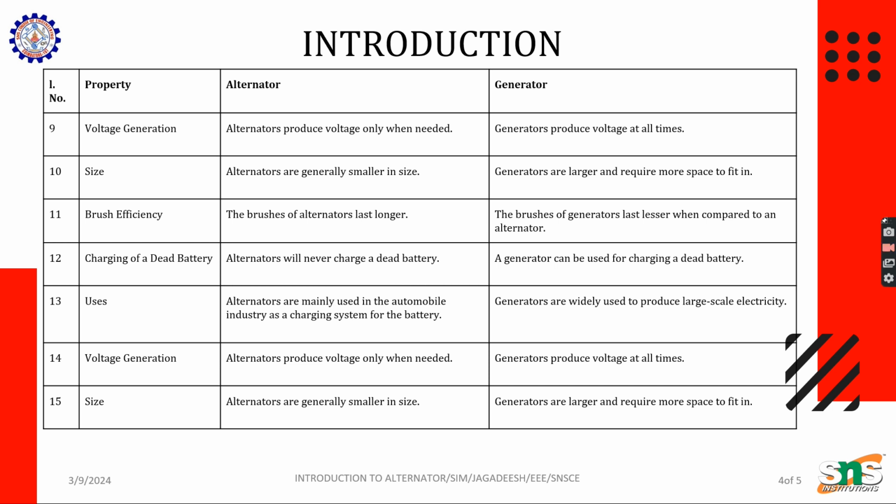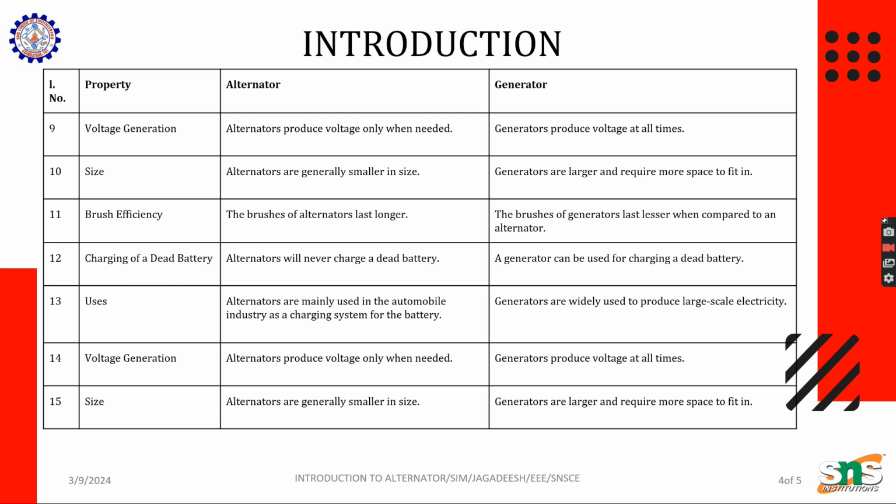The battery is used for excitation, and it is a kind of DC excitation. Even now, alternators are widely used in the automobile industry as a charging system for the battery, and generators are also used on a large scale. For charging, DC generators are applied. The DC generators are larger in size.